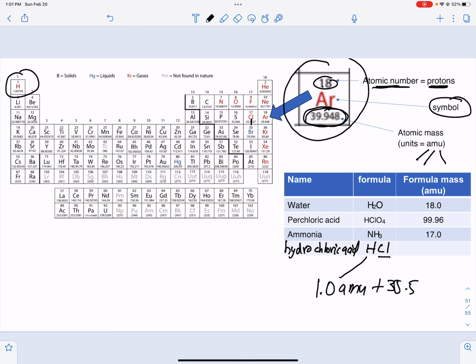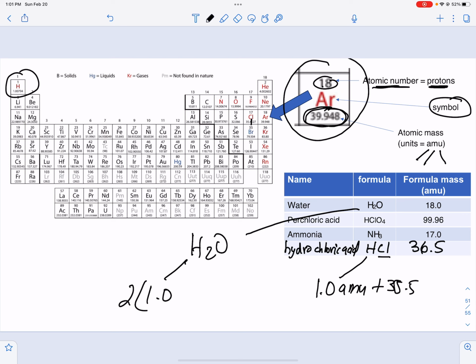So the formula mass is going to be 36.5. Water was H2O. So 2 times 1.0 AMU plus 1 times 16.0 AMU, and that gives you 18.